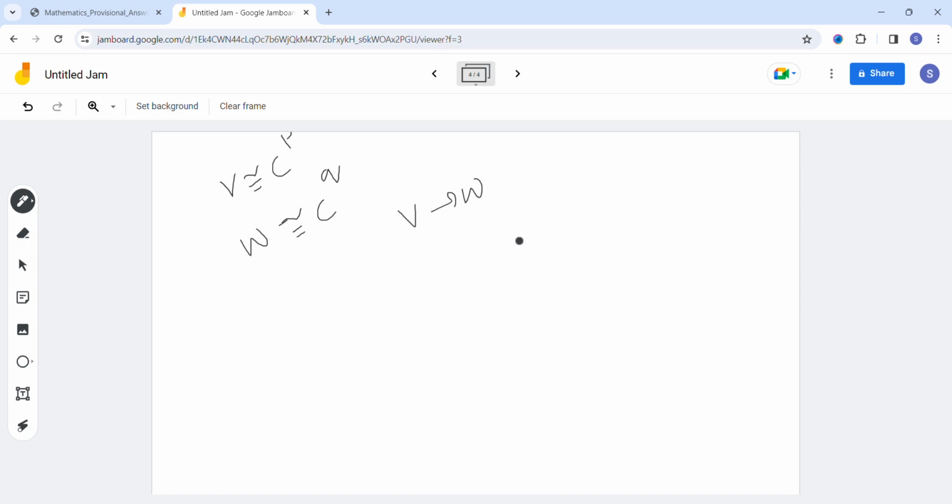If you consider the matrix representation of that linear transformation, that gives you a matrix, and the matrix will be of order P cross Q, right?